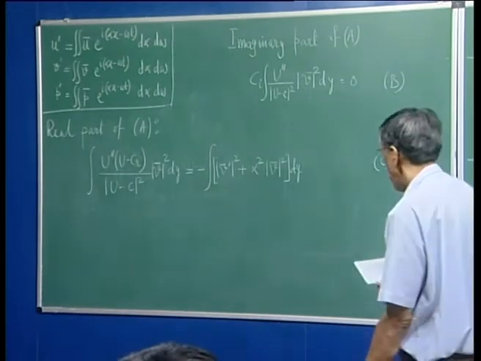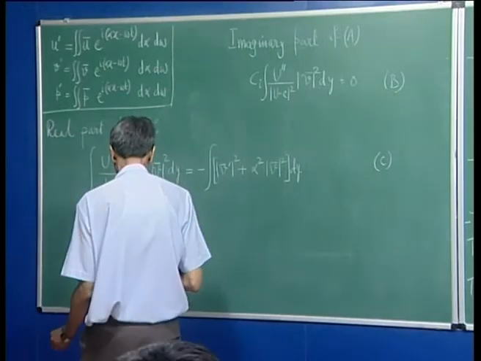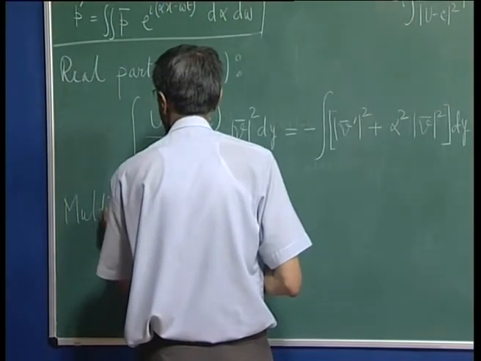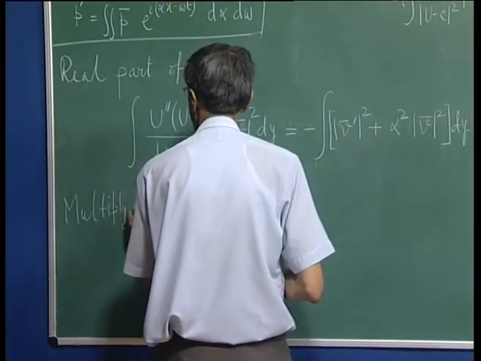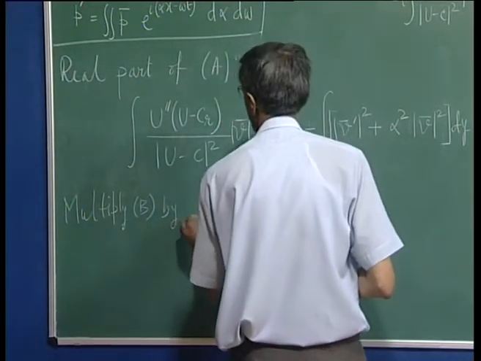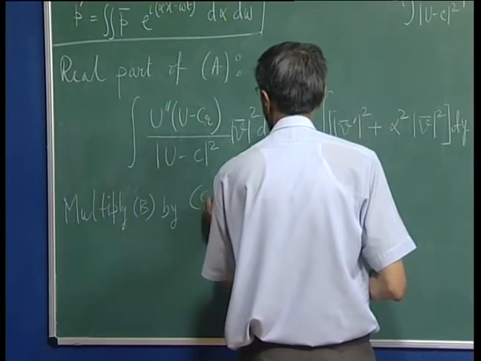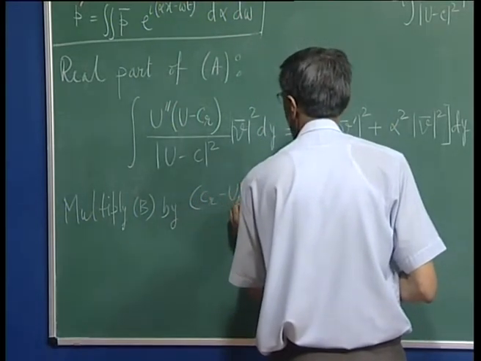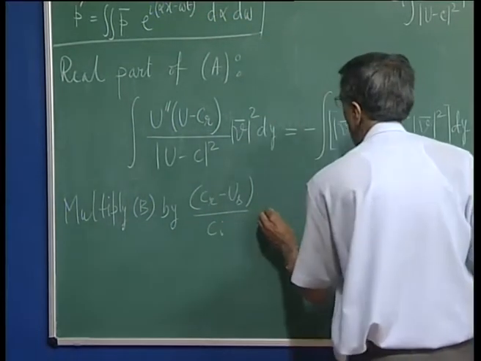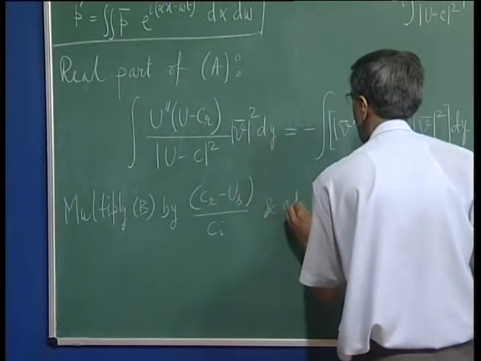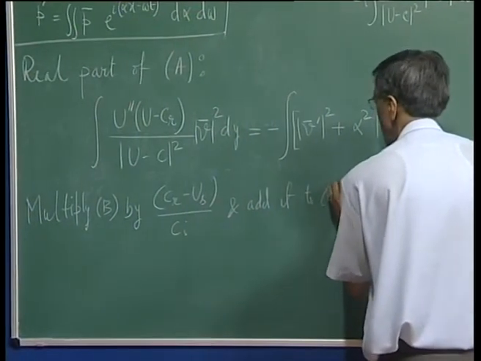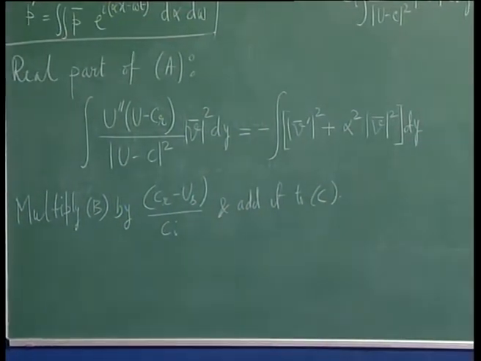Now, I will do a little bit of manipulation, nothing great. We will multiply B by c r minus u s divided by c i, and the resulting expression we will add to equation C. Okay.